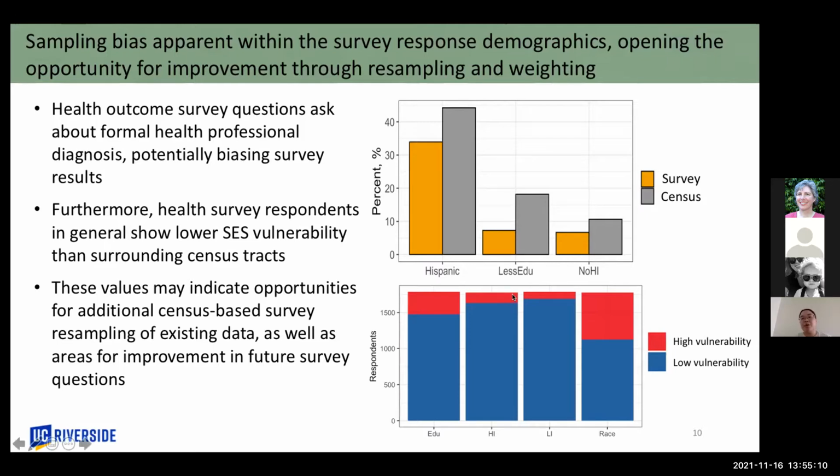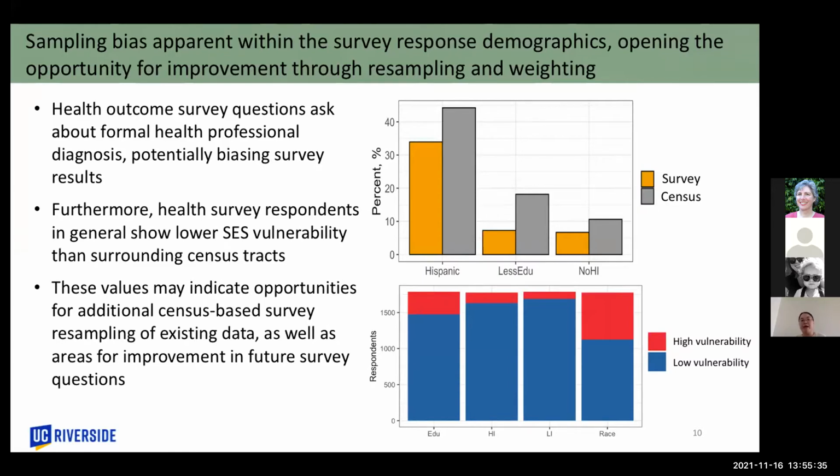In general, we see that most of the survey responses came from areas of very low socioeconomic vulnerability, so the respondents have a very clear bias toward people with lower socioeconomic vulnerability and cannot represent the whole population.